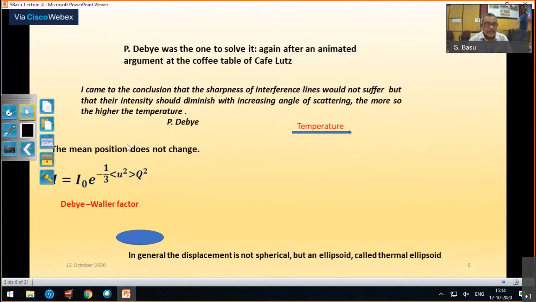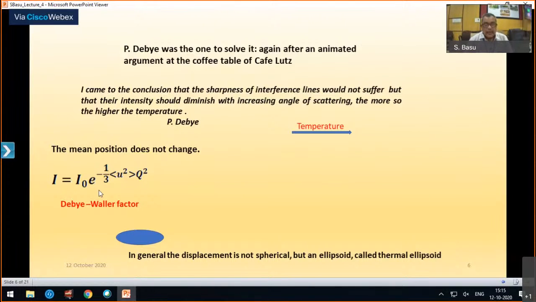And he gave an expression which says that at a temperature, if U squared is the deviation from the mean, then the intensity will go down as I equals I0 e to the power minus 1/3 U squared Q squared. This is known as the Debye-Waller factor.